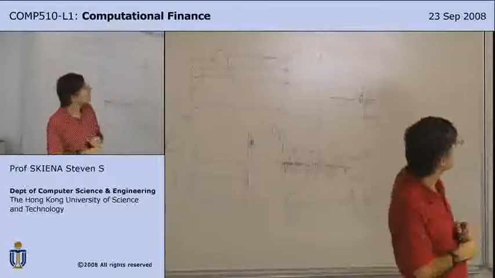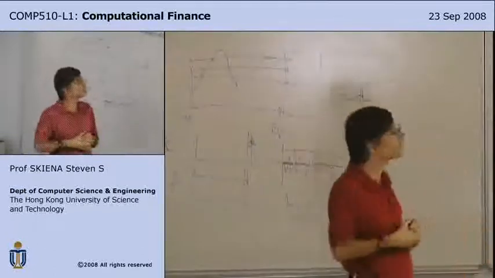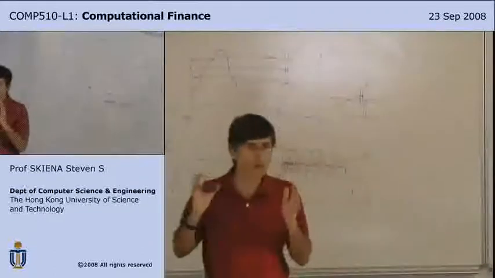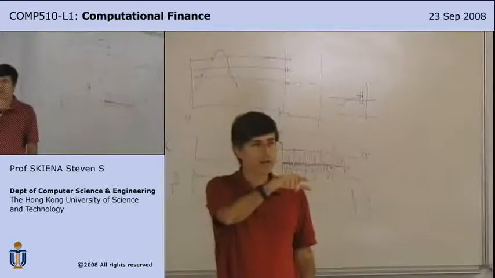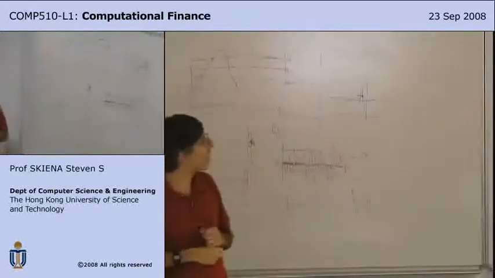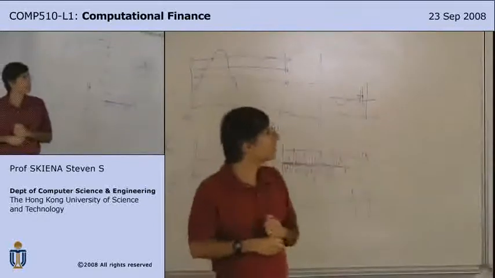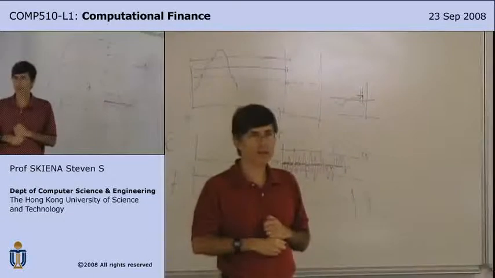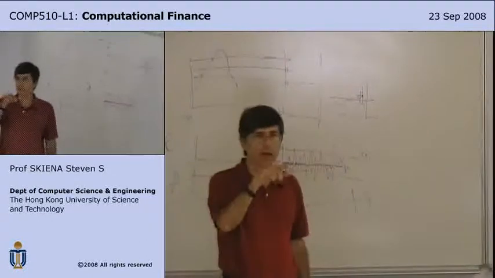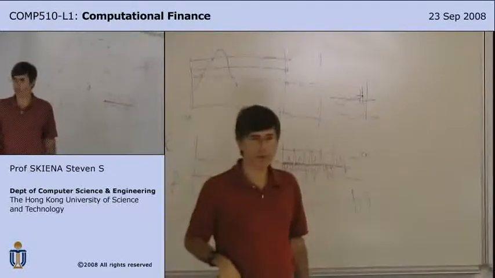So, if we want to start really figuring out what the price of an option is, I want to start by looking at some upper and lower bounds on prices, because they're going to be simple and they're still going to have some power to them.